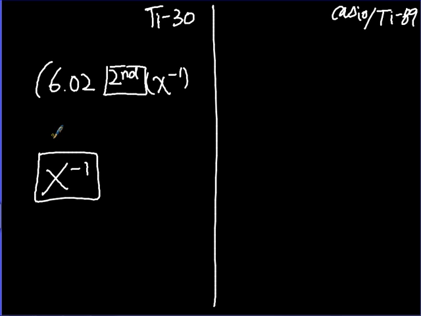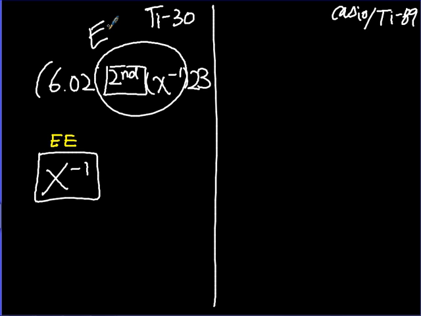What does it say? EE. That essentially is that E thing that I was talking about. So the whole idea is that this part is going to give you the letter E, right?